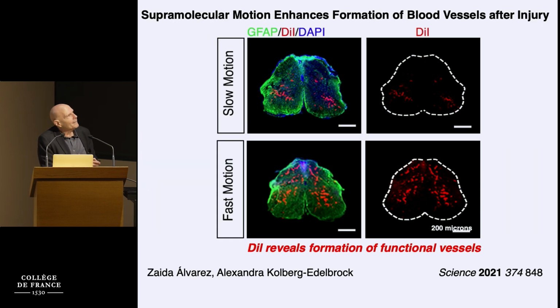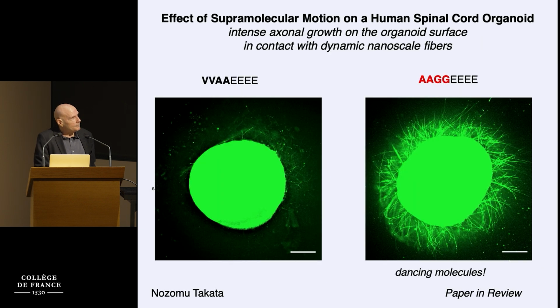And then, if you look at the cross sections, you see in the fast motion the effect of the FGF2, which is a mitotic and angiogenic signal. This dye, DiI, is injected in the heart, and the red indicates that there are functional blood vessels in the injured spinal cord. Very few in the slow motion one, very many blood vessels in the fast one.